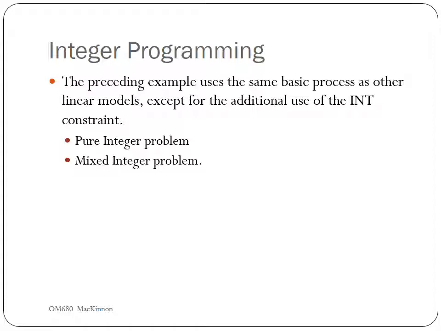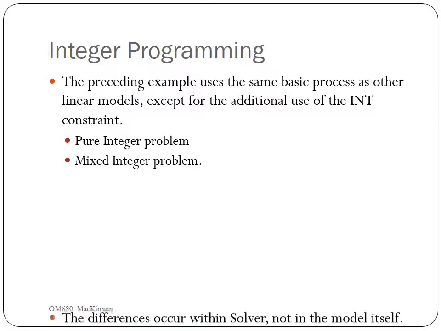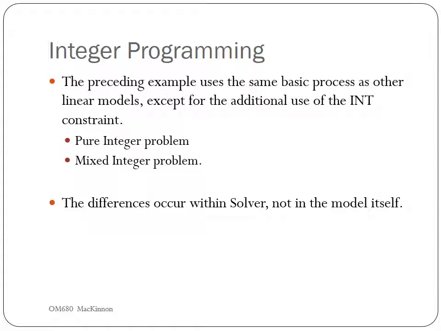We can also do mixed integer problems where some of the decision variables need to be integers, but all do not. Okay. The differences between the linear models that require an integer and the linear models that do not is resolved within Solver. Okay, not really within the model itself.